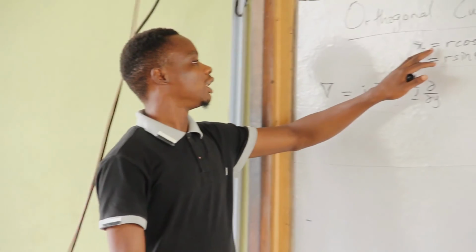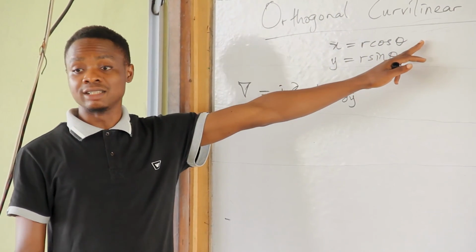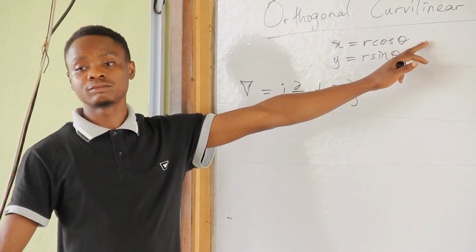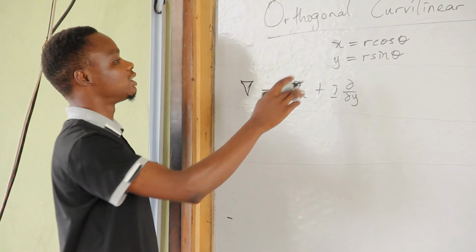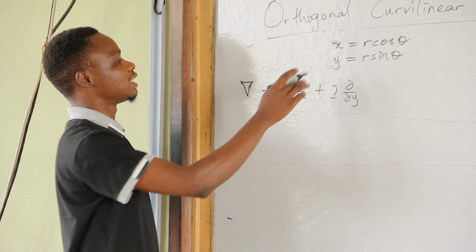So we're going to differentiate that implicitly. We did that in MTH 201, partial derivatives. We'll pick up from here.